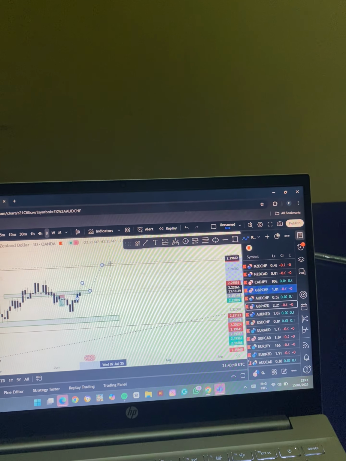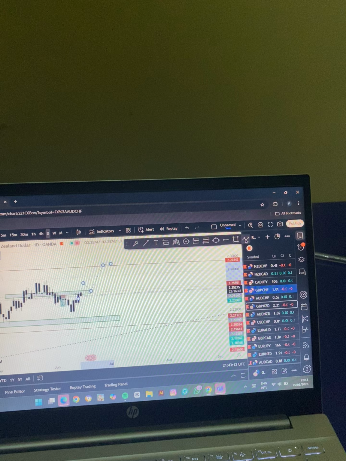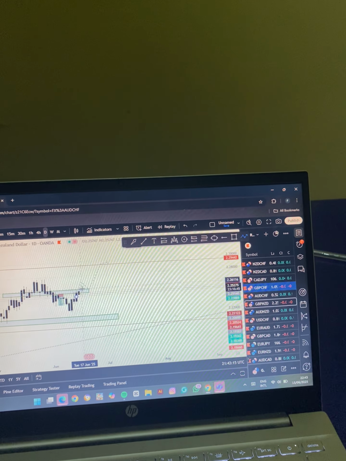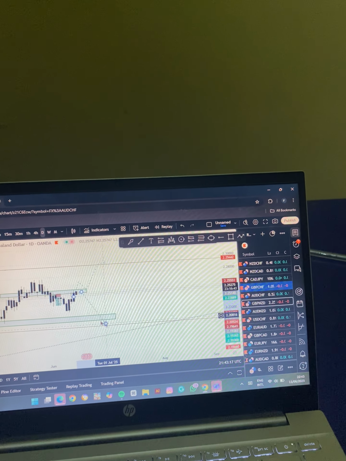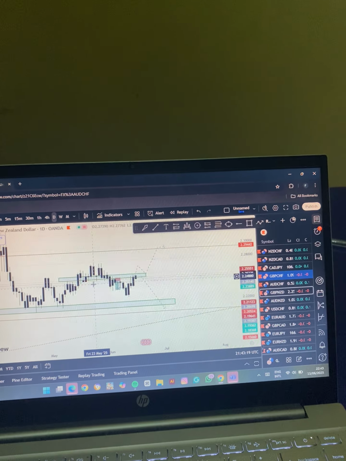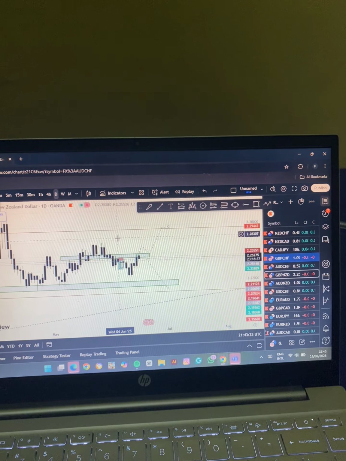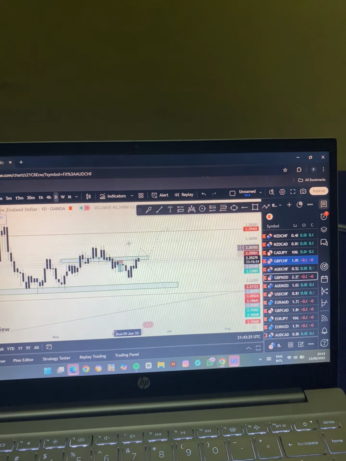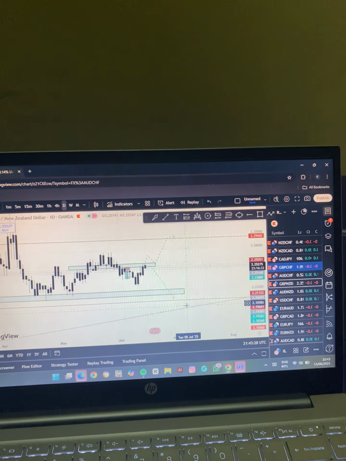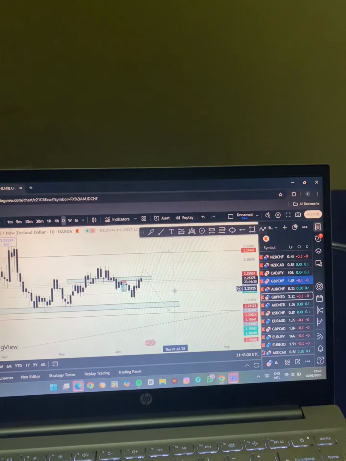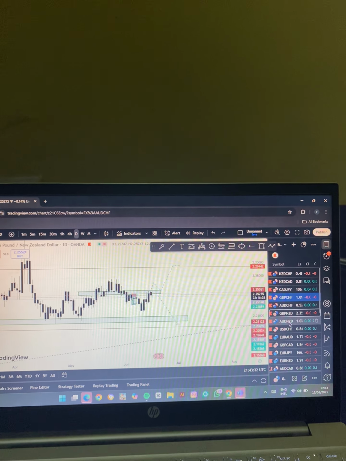But if that doesn't happen, then we're going to be expecting sales, because look at this left shoulder, head, right shoulder forming, then boom, for the sales. So that's it, I think that's that for this week.